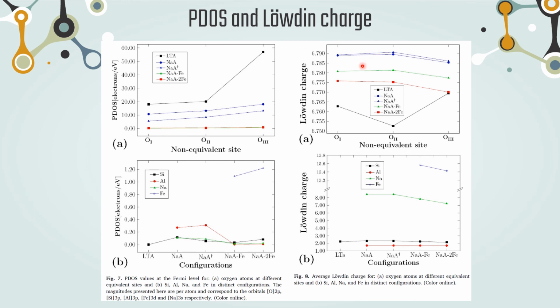This figure shows that when aluminum is introduced into the zeolite, the oxygen exhibits very basic behavior. This presents the highest value for charge, in both the Lowenstein and non-Lowenstein cases. When iron is introduced, the charge in the oxygen atom decreases.